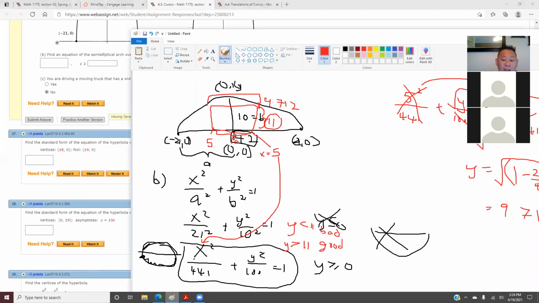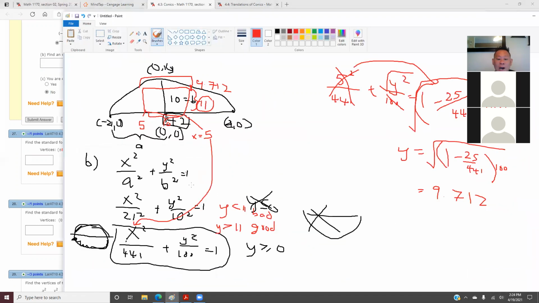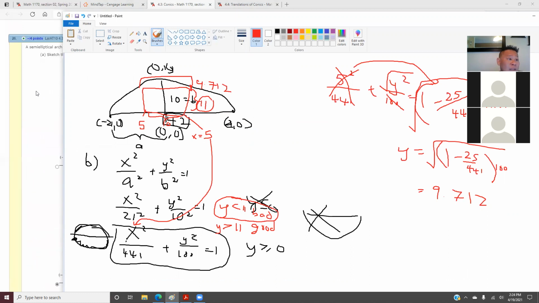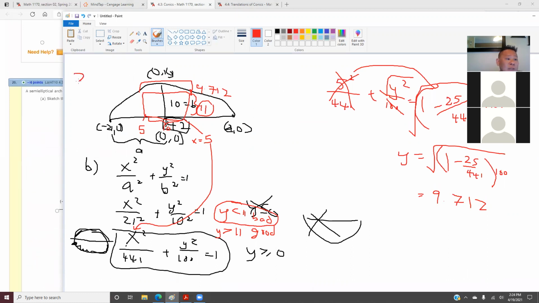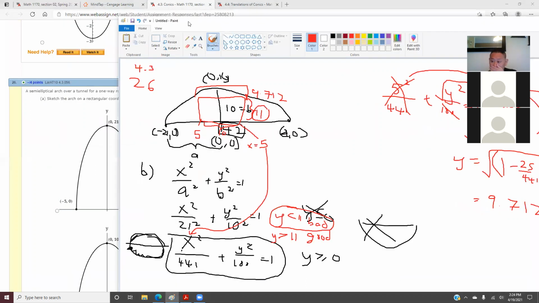So make sure that since your answer is less than 11, no, you cannot go through it. But if your answer is greater than 11, then you can go through it. Anyone have any questions on this question 26 here? This is question 26 on 4.3. It's one of the word questions that a lot of you ask me.